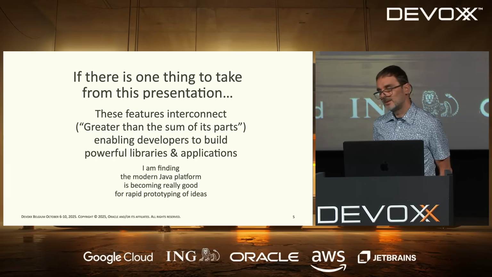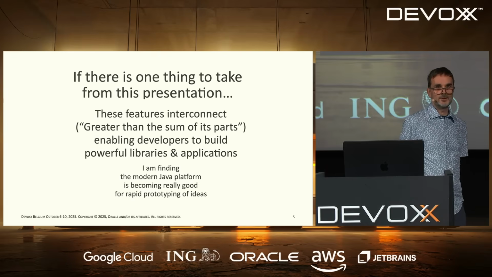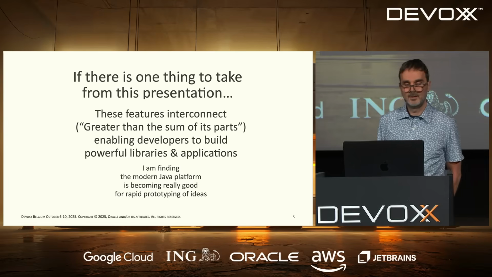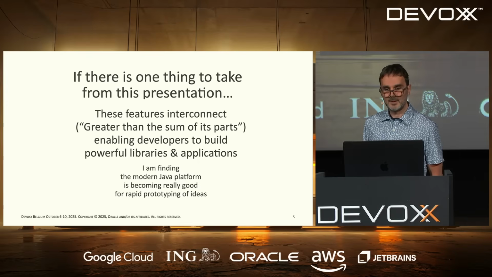So if there's one thing to take away from this presentation, it's that the features I'm going to describe interconnect in ways that can enable you to build powerful libraries and applications greater than the sum of the parts.